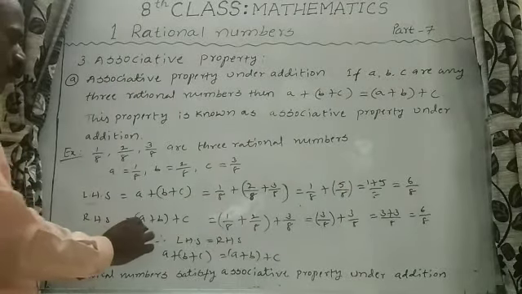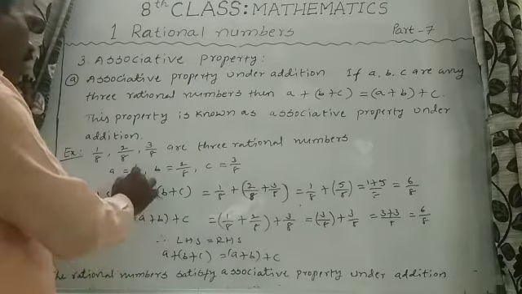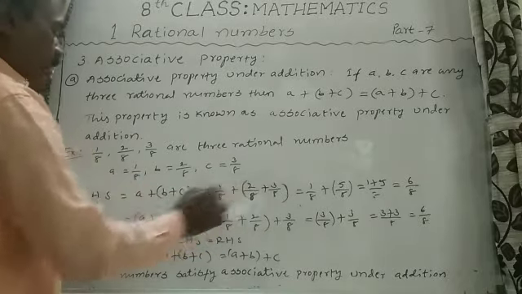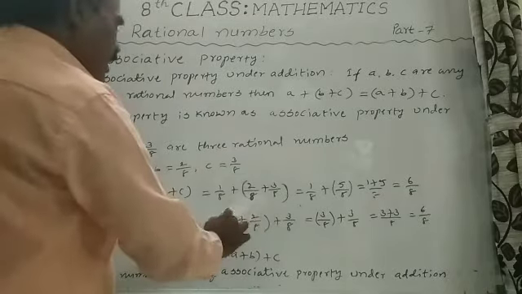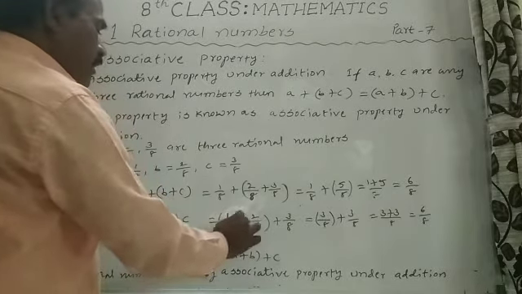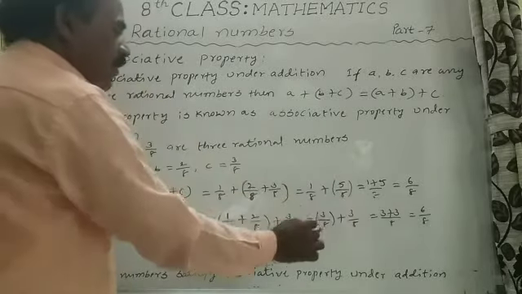RHS is equal to a + (b + c). What is the a here? 1 by 8. b is equal to 2 by 8. c is equal to 3 by 8. Here add these two fractions. 1 by 8 plus 2 by 8 is equal to 3 by 8, plus 3 by 8.